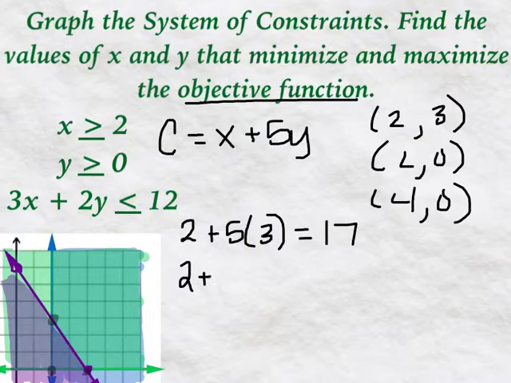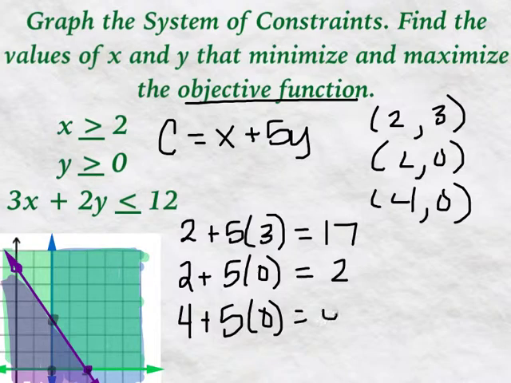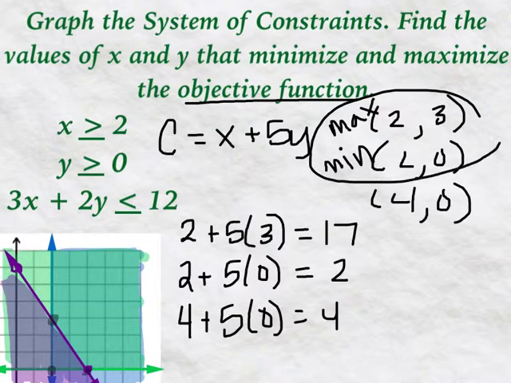Now (2, 0): 2 plus 5 times 0, that's 2 plus 0, which is 2. And (4, 0): 4 plus 5 times 0 is going to be 4. So (2, 3) gives us our max, and (2, 0) gives us our min.